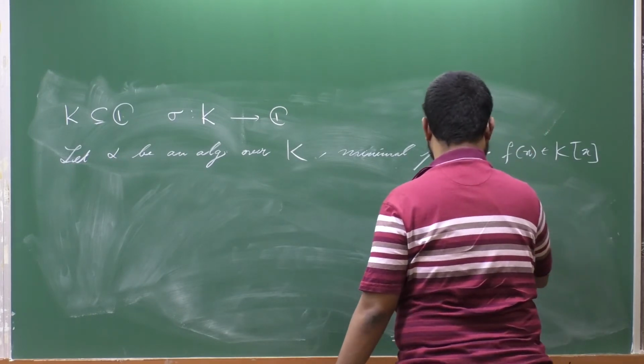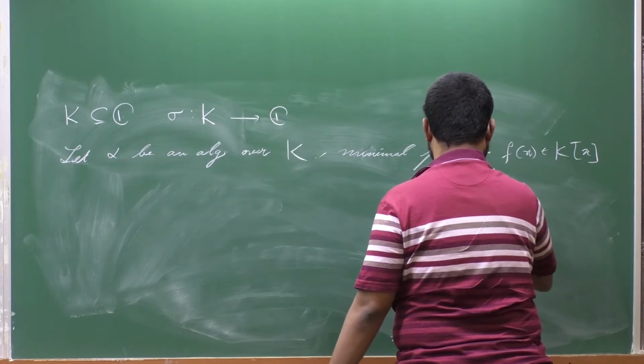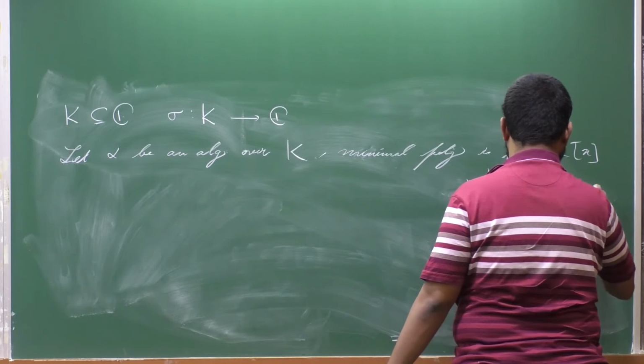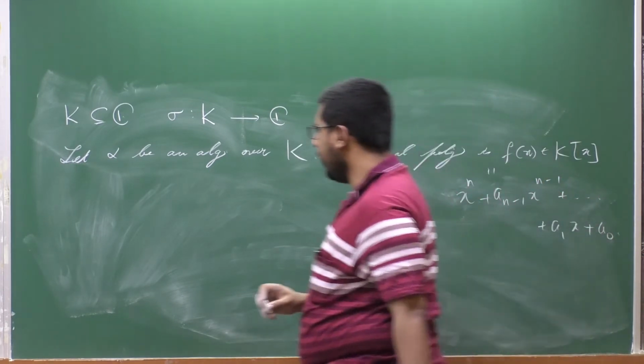Let me write f as x to the power n plus a n minus 1 x to the power n minus 1 plus and so on, a1 x plus a naught.